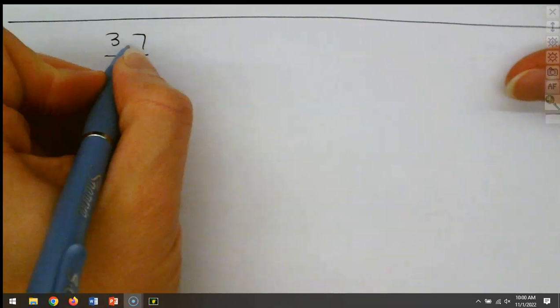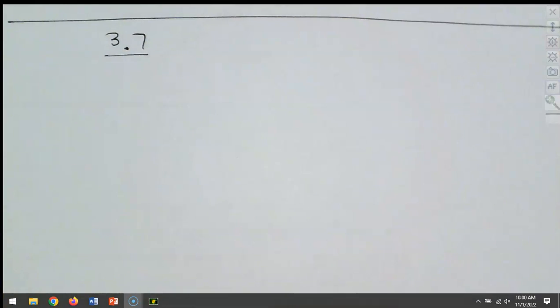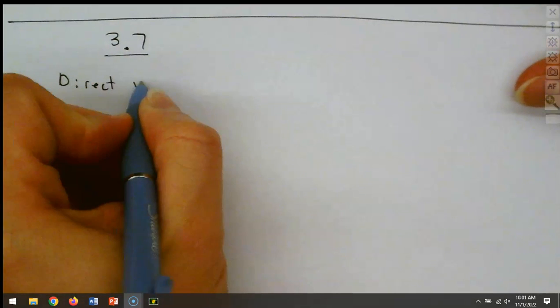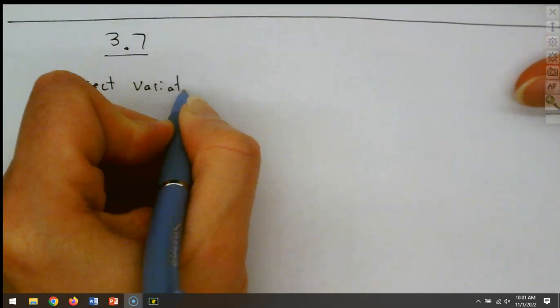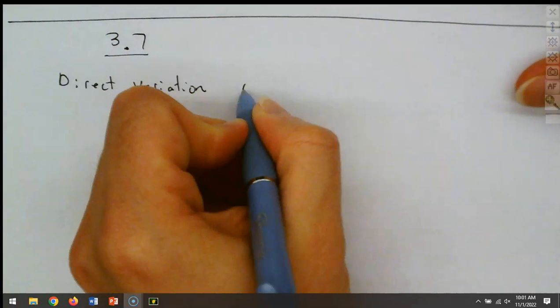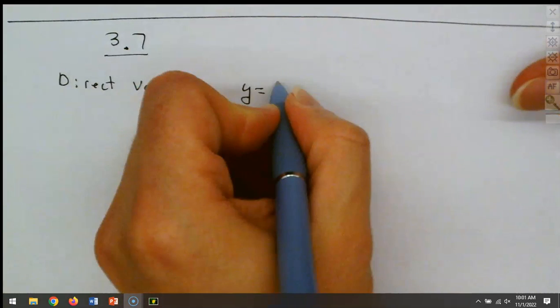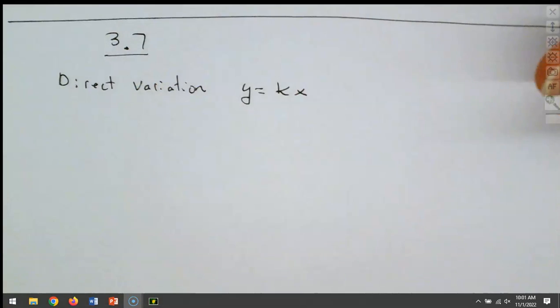And this is 3.7. We're going to look at direct variation, and direct variation just means one influences another directly. So increase one, you increase the other one. And this is our formula for direct variation: y equals kx.